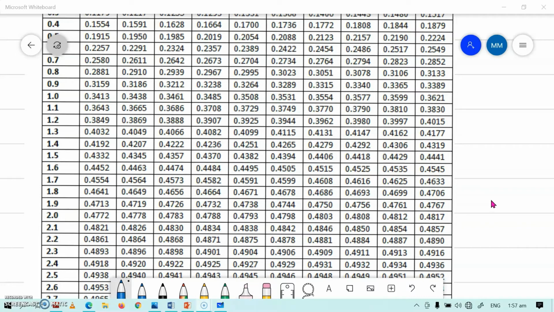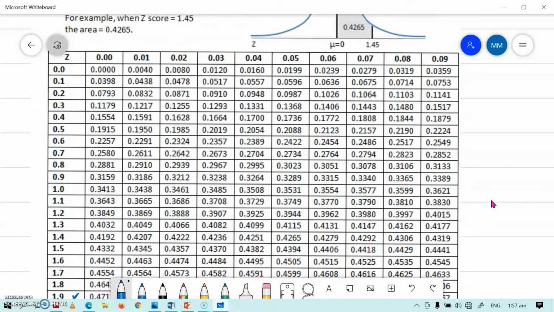So this is the area that we're looking for, 0.4750. So that's 1.9 and 0.06.